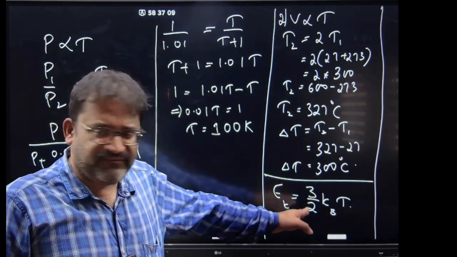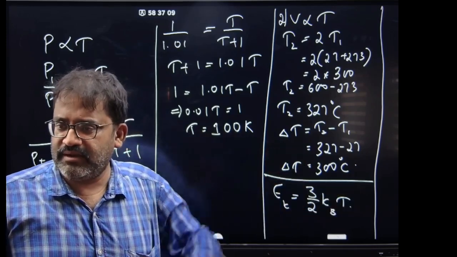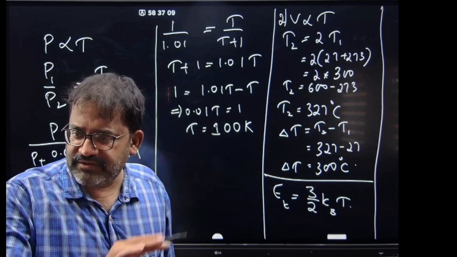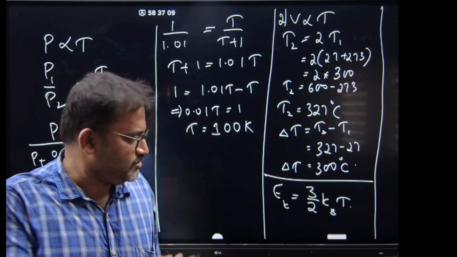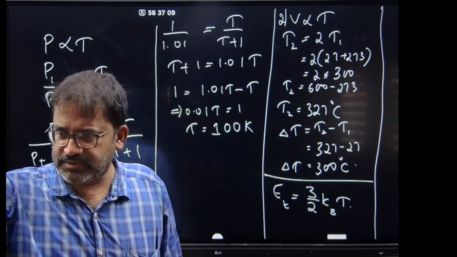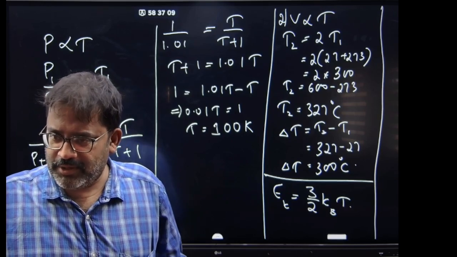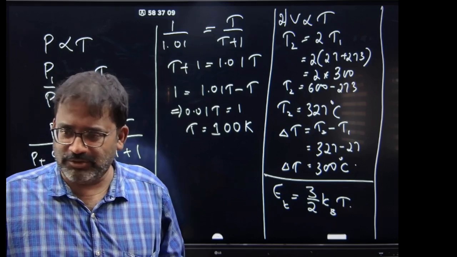Since all three factors, 3/2, kB and T, are constant, the whole right hand side is a constant. Then what is the kinetic energy? It's a constant. So the right option is the third option.